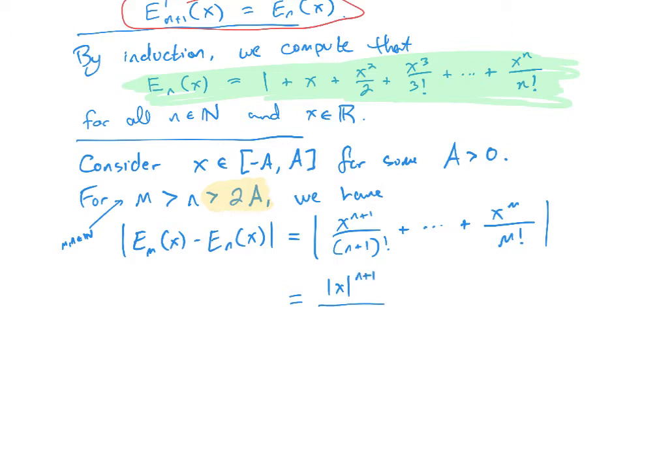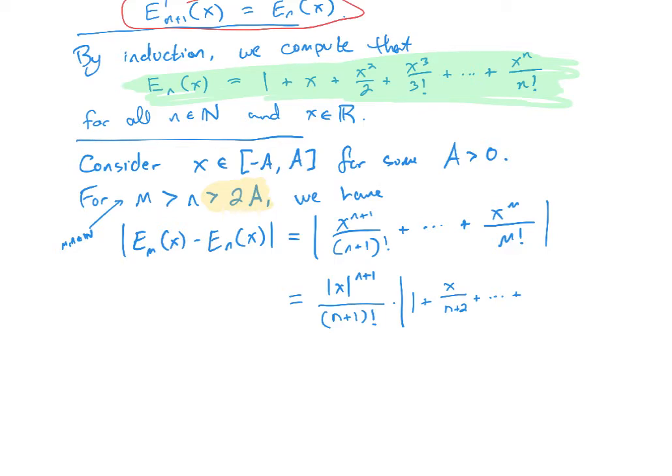And let's pull out an n plus 1 factorial. And what do we have left? We'll get a 1 plus an x over, what's the next term? n plus 2? x over n plus 2.